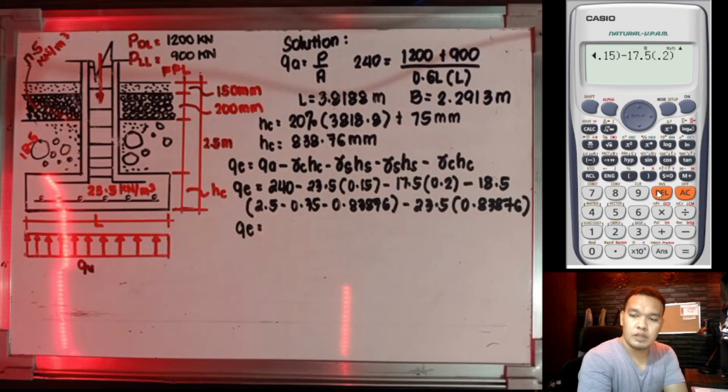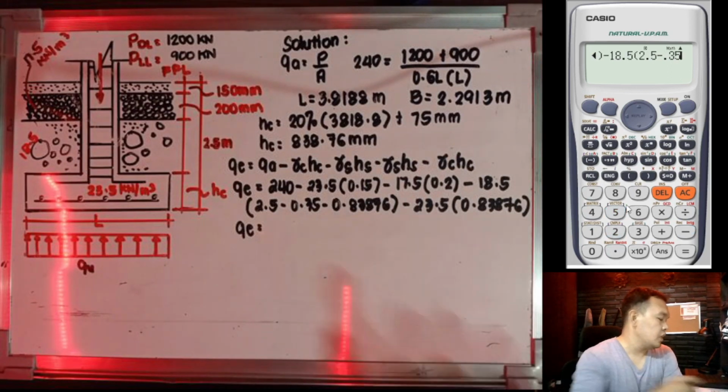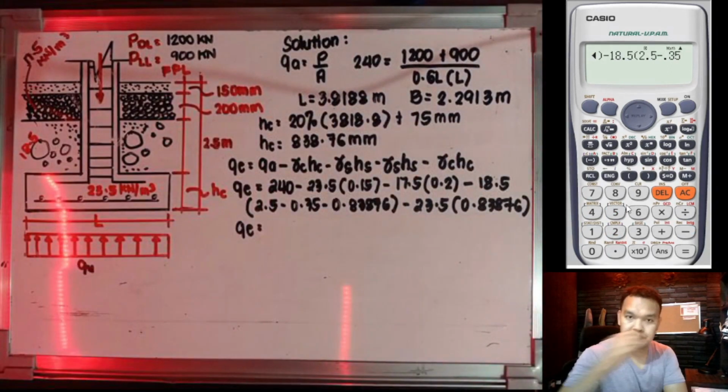Then we have here minus 18.5 multiplied by 2.5 minus 0.35, which is the height of that, minus 0.83876, minus 23.5 multiplied by 0.83876.